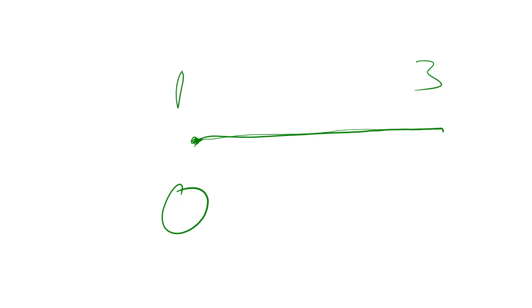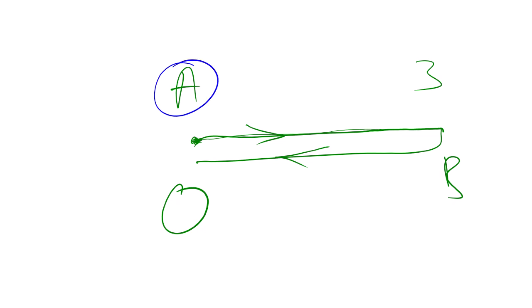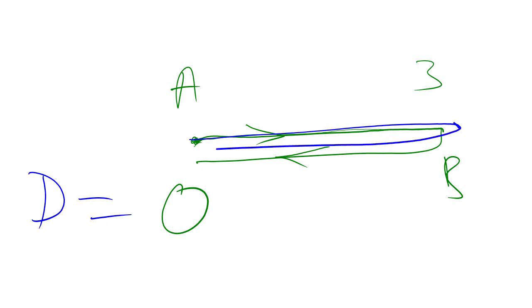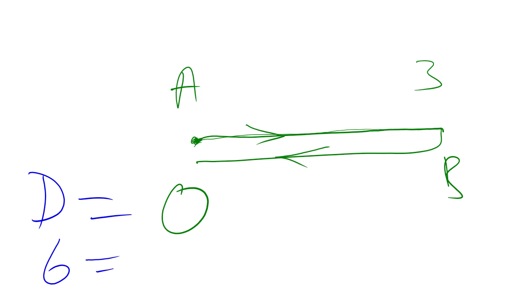The object started at point A, moved to point B, and came back. This going and coming back cancel, because the starting point is point A and the final destination is still point A. That makes it 0. So displacement here is 0. But in terms of distance, you calculate 3 kilometers for going and 3 kilometers for coming back, which makes it 6. So this is another important thing for you to know, the difference between distance and displacement.